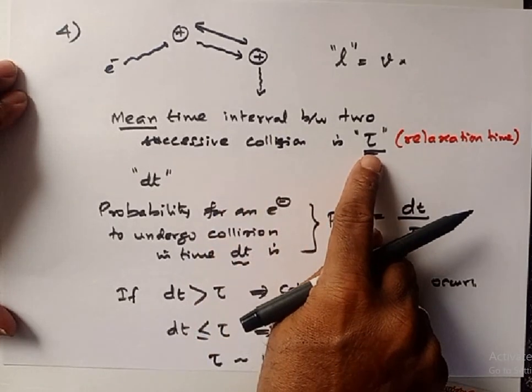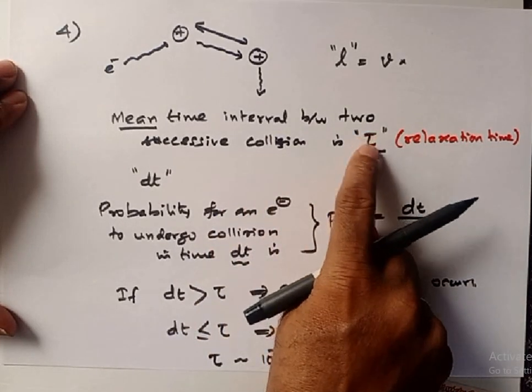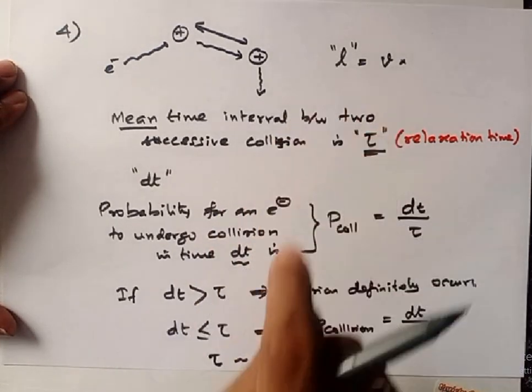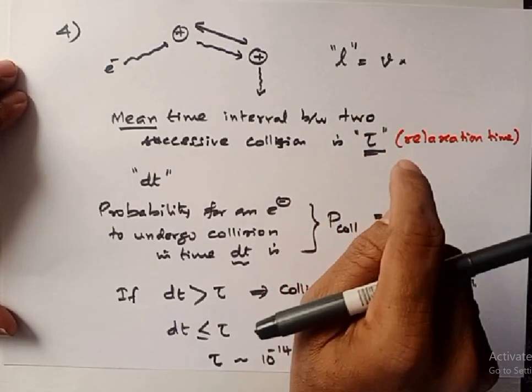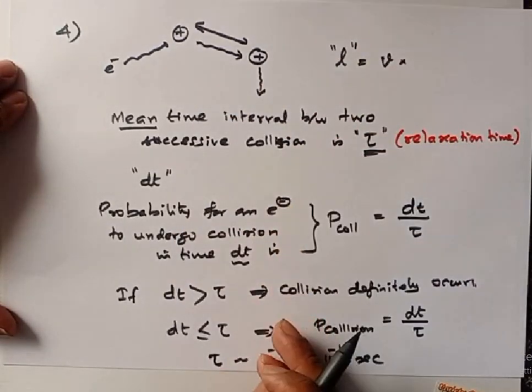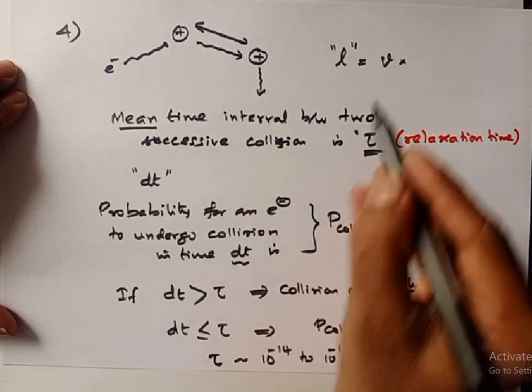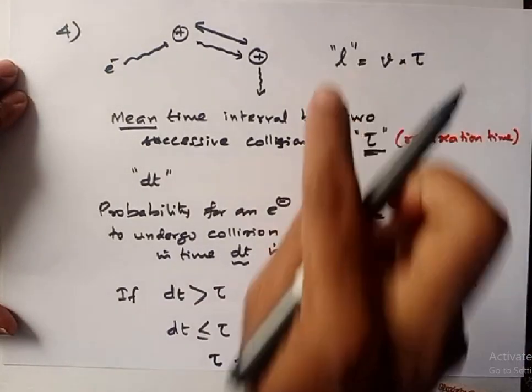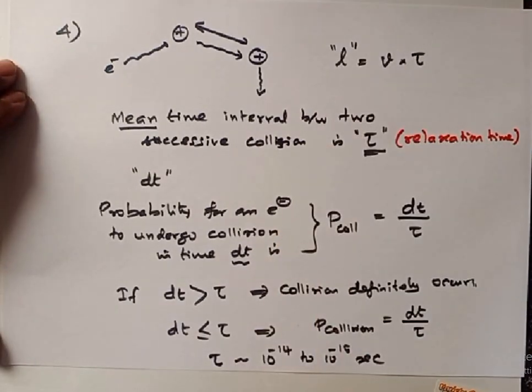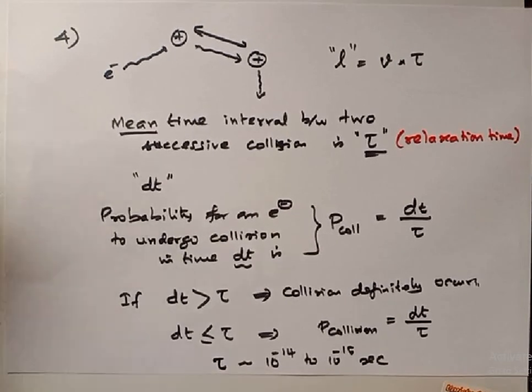When an electron moves for a time interval of tau, definitely a collision will occur. Exactly at tau, collision will occur. That's what tau says. So V into tau will give you the mean free path of electrons. What is mean free path?